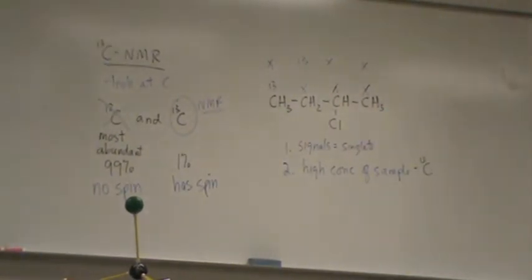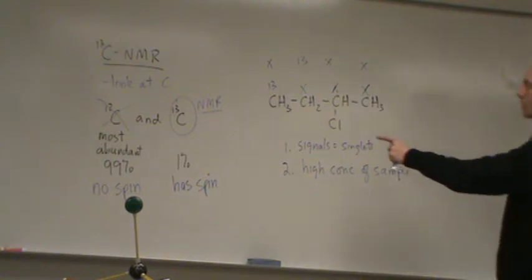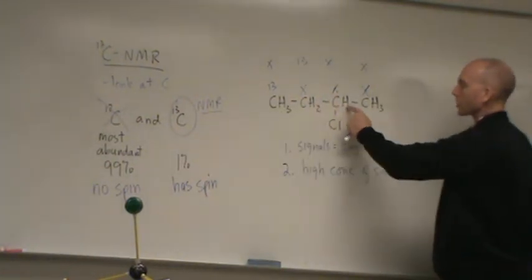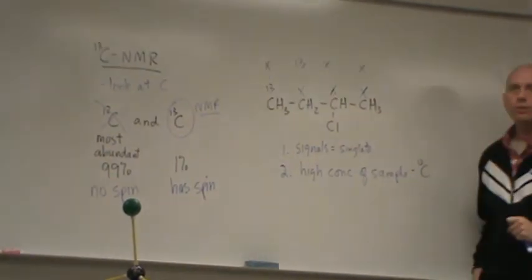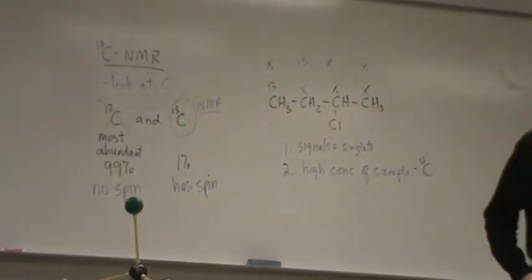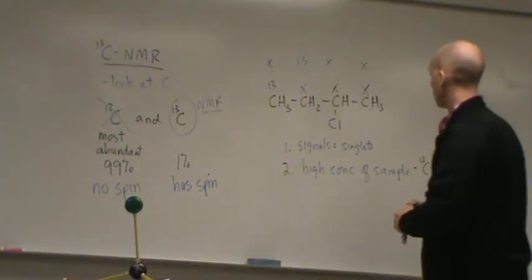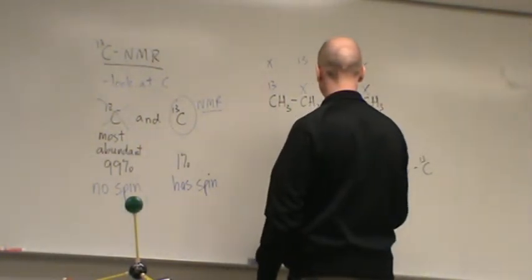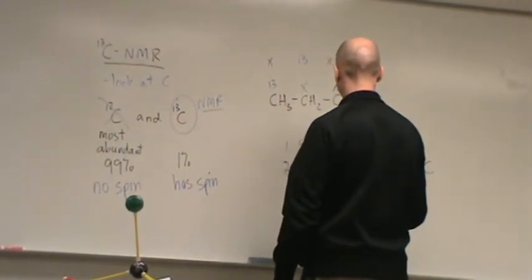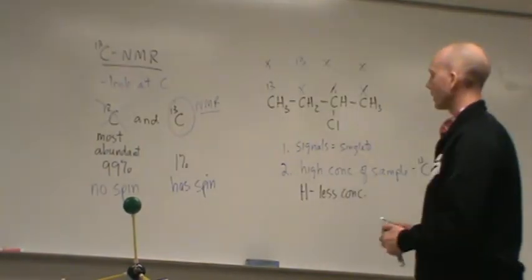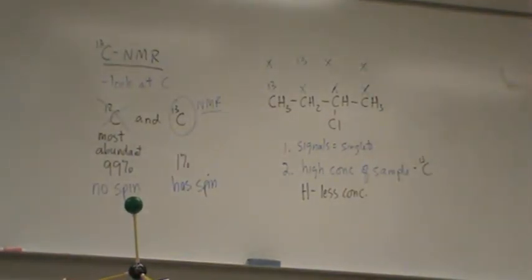What about if we were doing hydrogen NMR? Do I need a large concentration for those? Why not? Because all the hydrogens are NMR active. So I don't need a high concentration. In fact, I could do it on one molecule if I could isolate one. So for hydrogen NMR, we use a very low concentration of sample.